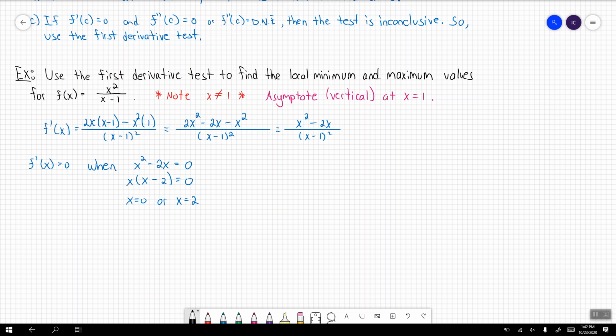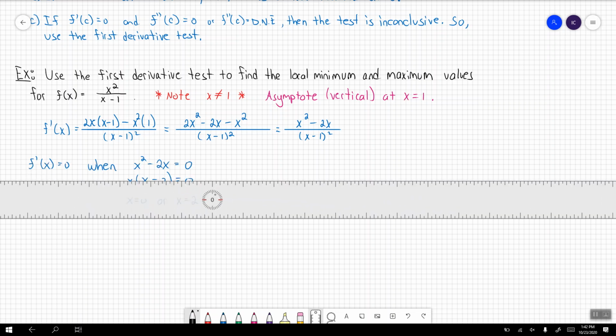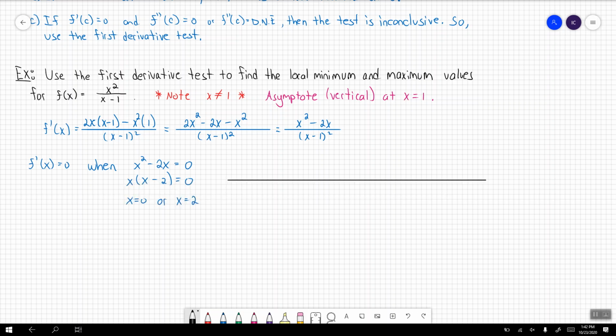So let's go through and use that first derivative test. In order to use the first derivative test, we're going to draw an interval. All right, here's my interval. It goes from negative infinity to positive infinity. I know I have my critical numbers that I'm looking at, x equal to 0 and x equal to 2. I also know that I have a vertical asymptote.